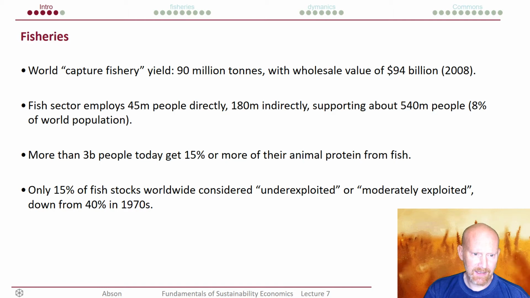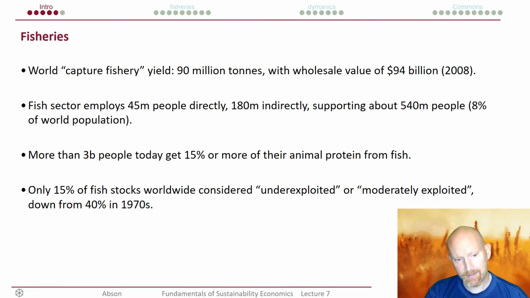The fish sector employs 45 million people directly and 180 million people indirectly, and supports about 540 million people. So almost 10%, 8% of the world's population is supported by these open ocean fisheries. So losing them fundamentally will have an impact on human well-being and major ecological impacts as well.